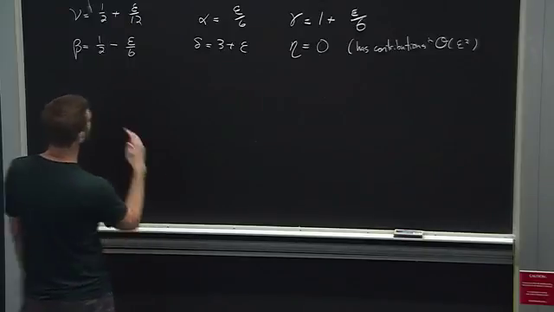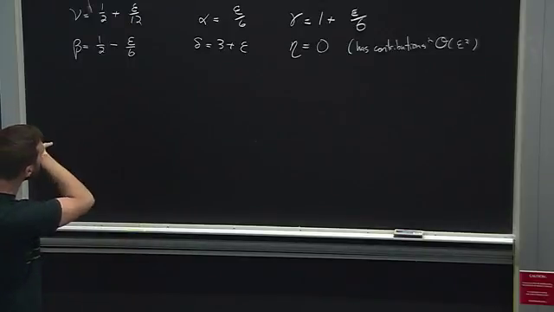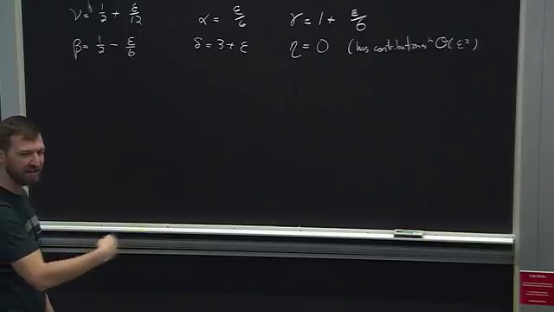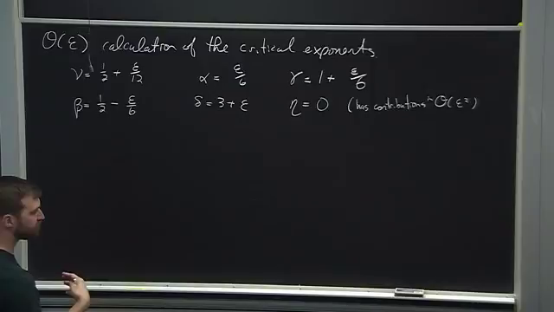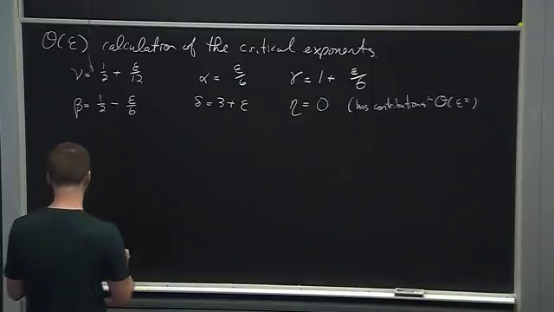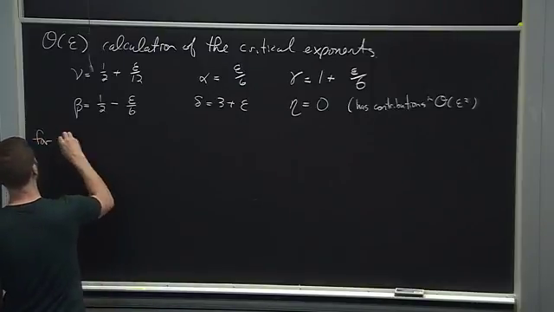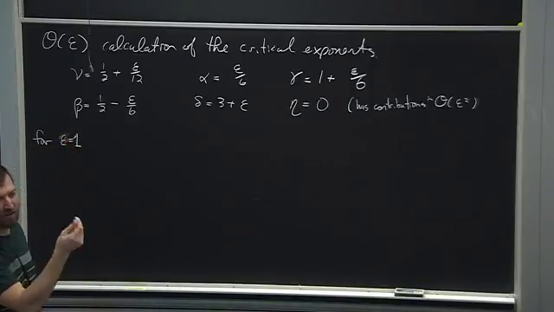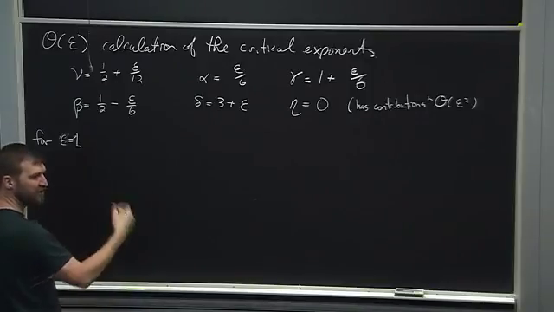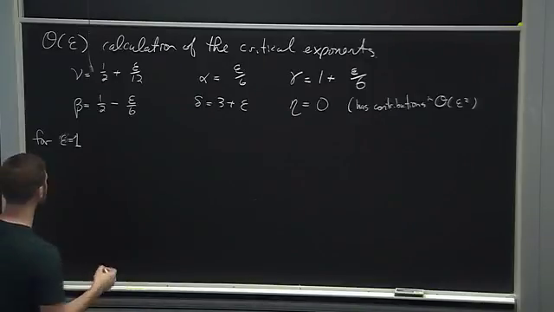So you have epsilon here. If you want to look at 3D Ising, remember epsilon's 1 in that case, right? You'll calculate the 2D exponents on the computational assignment because it's computationally easier. Like it's one less dimension, right?